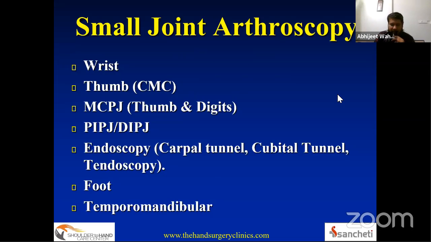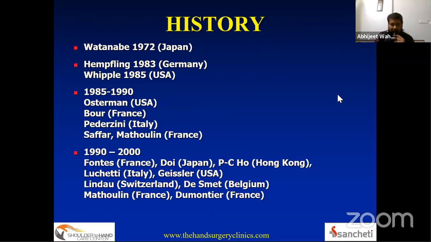All these small joints can be scoped using specialized instruments, scopes and optics, and with the availability of high resolution and high definition optics and cameras, this has become such a wonderful asset to the armamentarium of the upper limb surgeon or the arthroscopy surgeon.